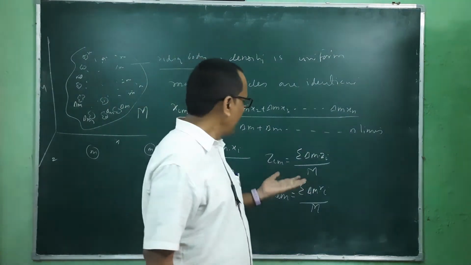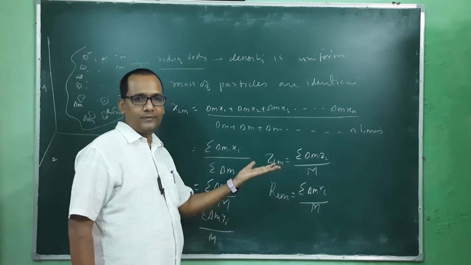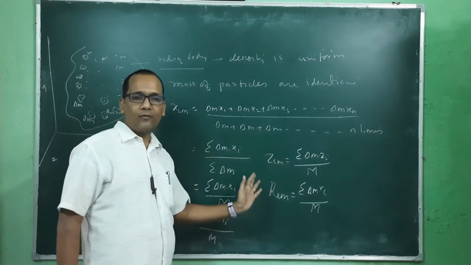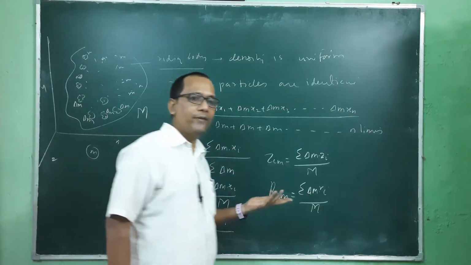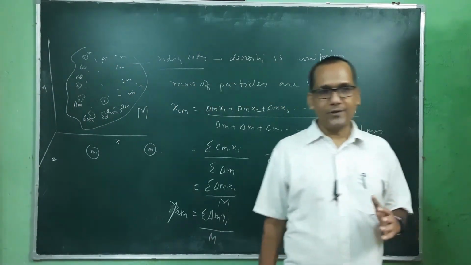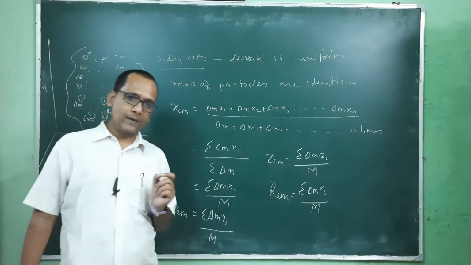Now, if this delta m tends to 0, then this concept will convert into integration. From the definition of derivatives in differentiation and integration, this delta m is very, very small.